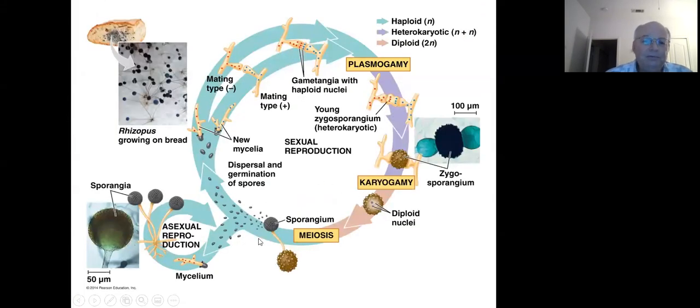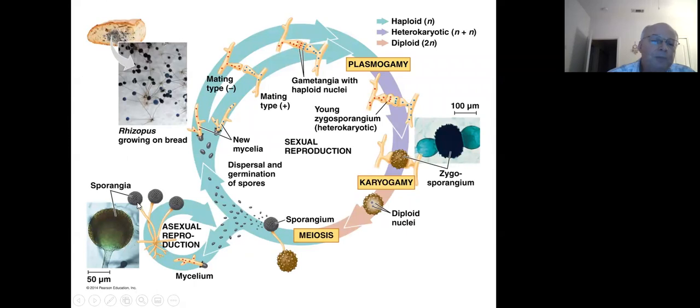So the asexual reproductive strategy is very straightforward. You get a sporangium produced that releases spores. Those spores then germinate to produce the mycelium. Specialized hyphae are produced at the tip of which develops a sporangium that has an environmentally resistant coat around it.